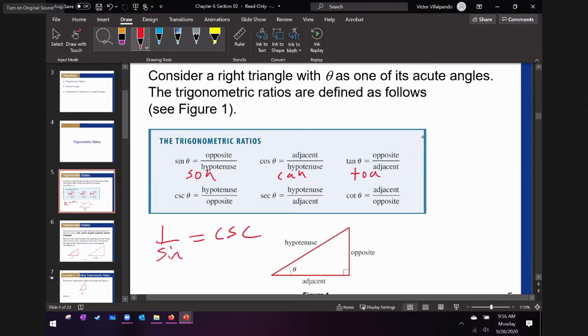We should know that by now. So cosecant is just hypotenuse over opposite. So we know the first three. We know SOHCAHTOA. We know the other three. That's what's good about some parts of mathematics, right? If you know some parts, the others come easily. But the hard part is knowing that part.